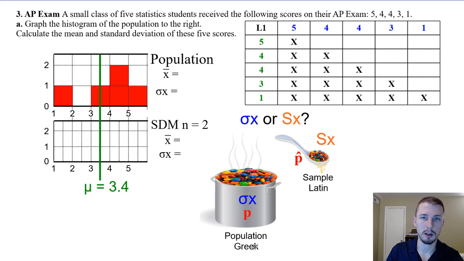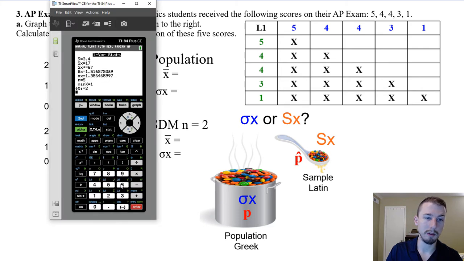Now the Greek, Hellenistic culture came before the Roman, Latin culture, so one way you can remember it is that the population goes with the Greek because it came before, and the sample came after, which is Latin. So our true proportion is going to be P, our sample proportion is P hat. The standard deviation, sigma of X, is the standard deviation of the population, whereas the standard deviation of the sample is going to be S of X.